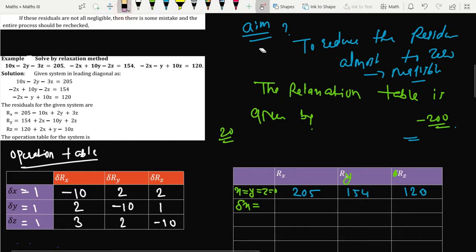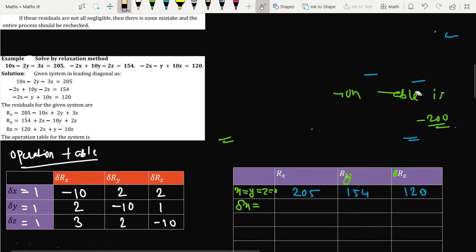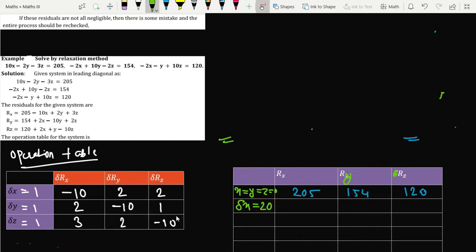So in the first term, what we have to do is just put the value of delta x. So we fix the value of delta x as 20, because by multiplying this value by 20, we get the value which is very close to this 205. So delta x is equal to 20.